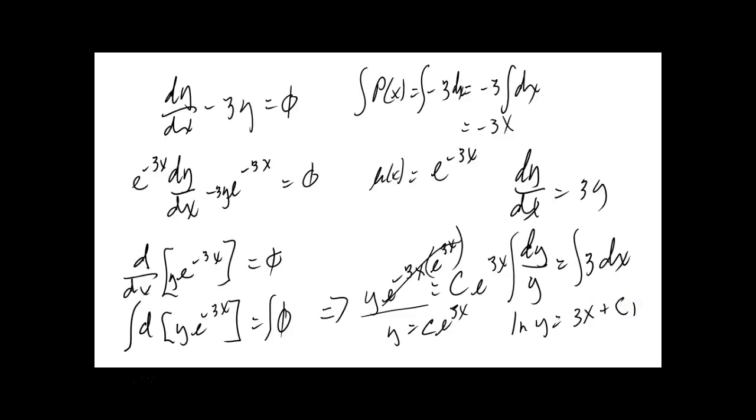Now when you're integrating the p of x, don't add a c there. But here, when we're doing separation of variables, we have to. Now, what do we do here to get y by itself?